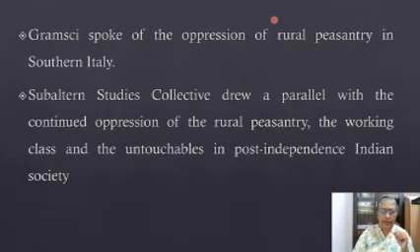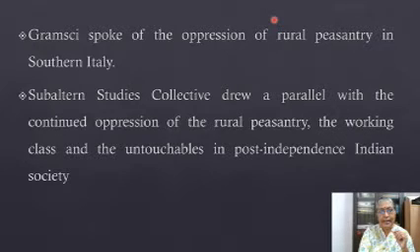Again, you have the idea of Gramsci coming along. He spoke of the oppression of rural peasantry in southern Italy because the rural peasantry in southern Italy were, in a way, suppressed by those in power, and they did not have anyone to speak for them or to unite them.